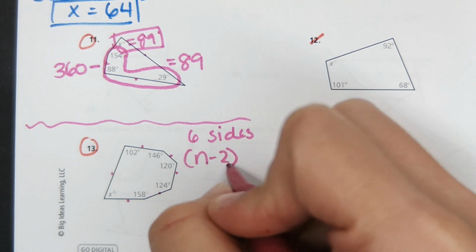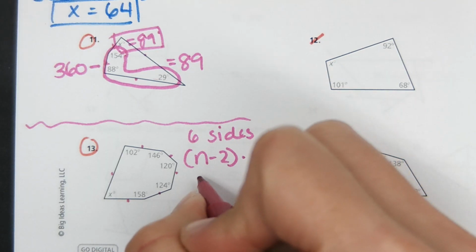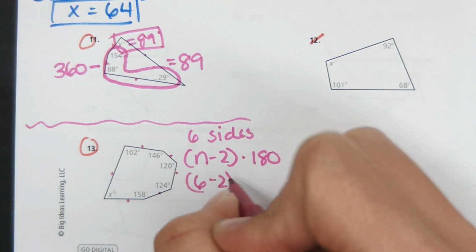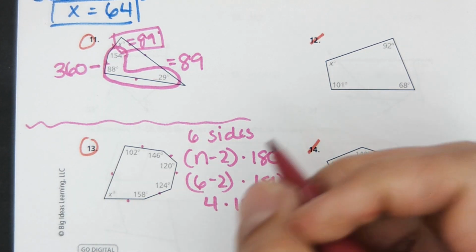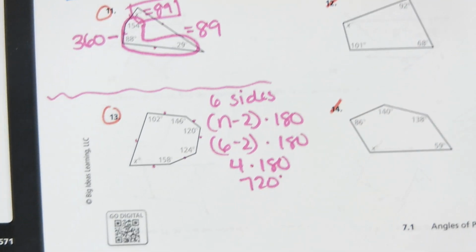So we can use this equation, though, to figure out what all these angles add to. We'll plug in 6 for n, which gives 720 degrees. So all of these angles add to 720.